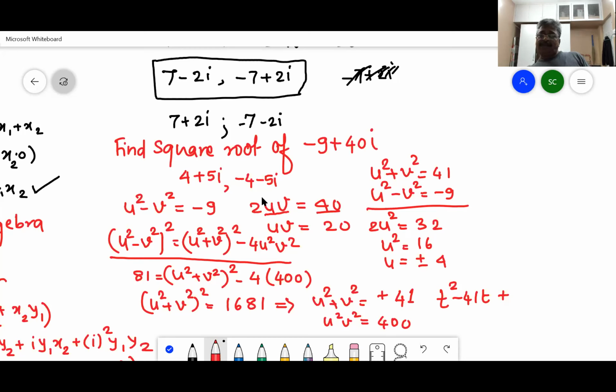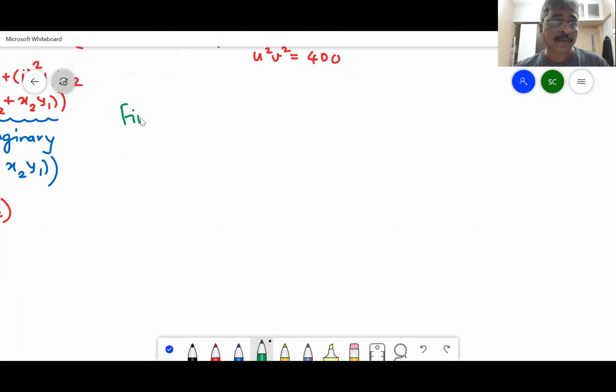Okay? I have to practice this a little bit. Okay, next problem is find cube roots of 125.